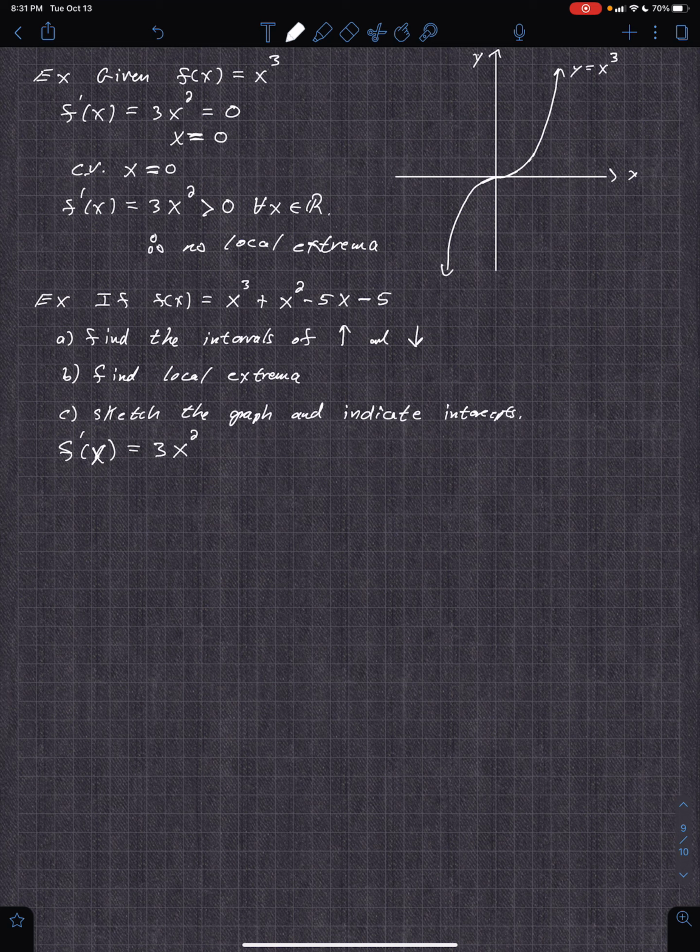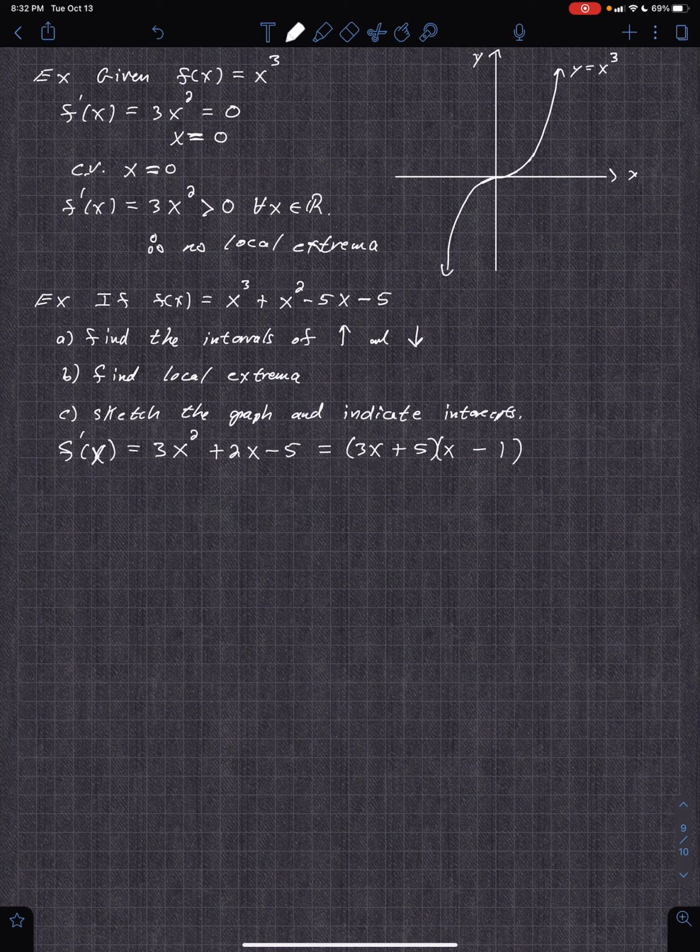All right, so you get 3x squared plus 2x minus 5. And then you set that equal to 0, but we know we need to factor it, so let's just go ahead and factor that. That's 3x and x. It's got to be 5 and 1. So let's see, 5 and 1, and then the difference is 2, so there you go. That's negative and that's positive. Difference is positive.